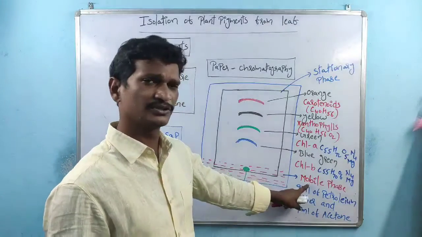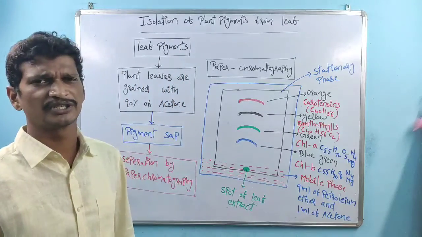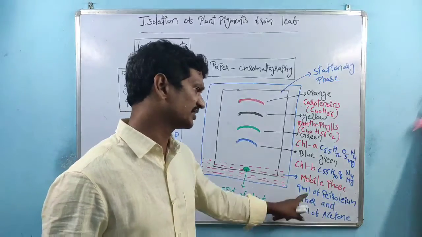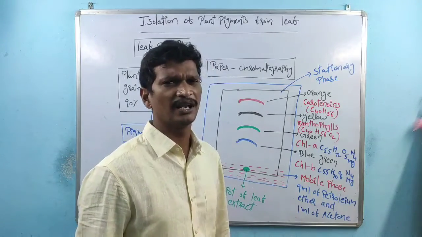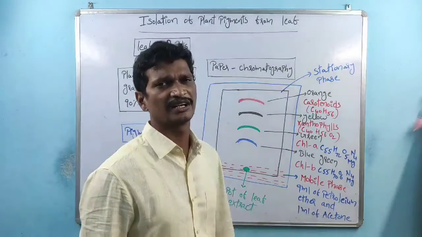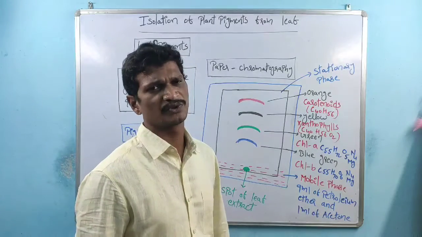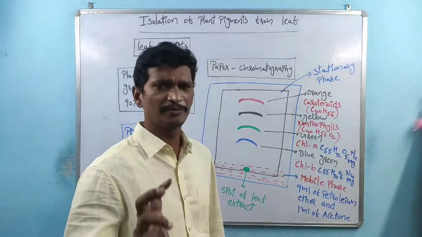So here we are using a mobile phase. How do we prepare the mobile phase? Here there is 90 ml of petroleum ether and 1 ml of acetone. So that is the mixture.